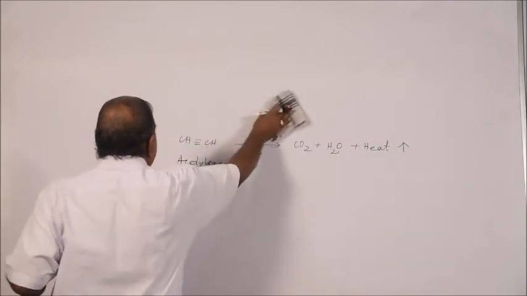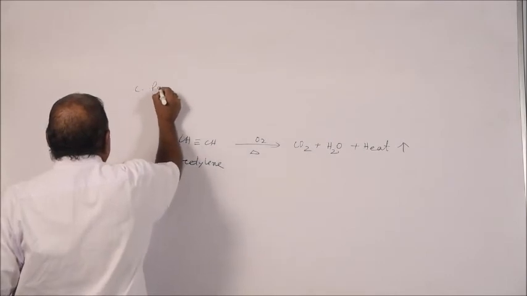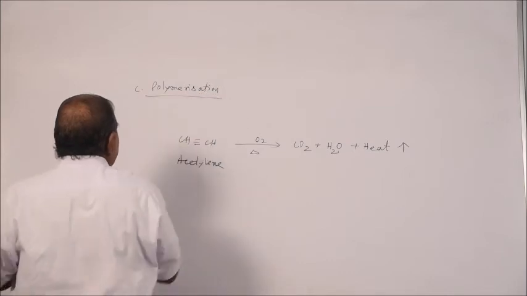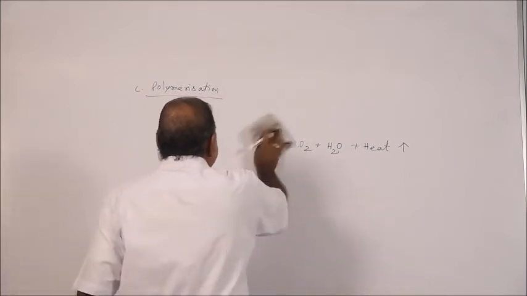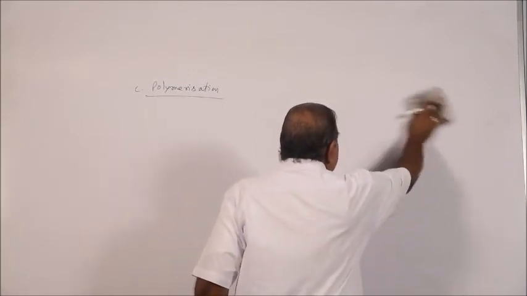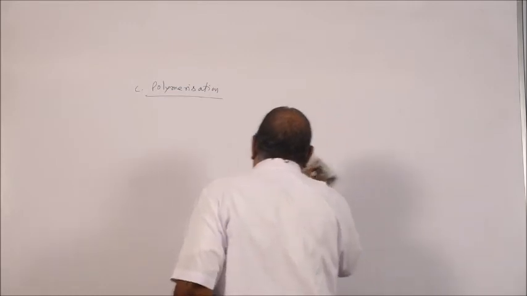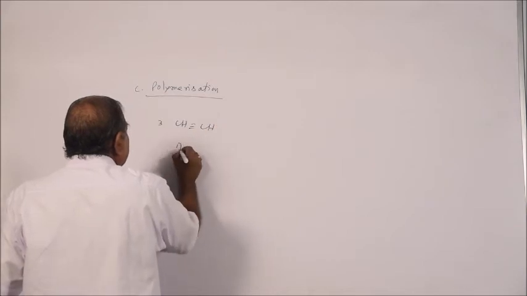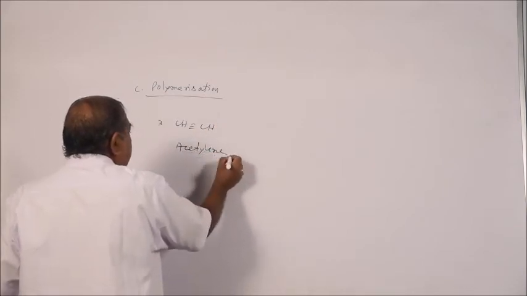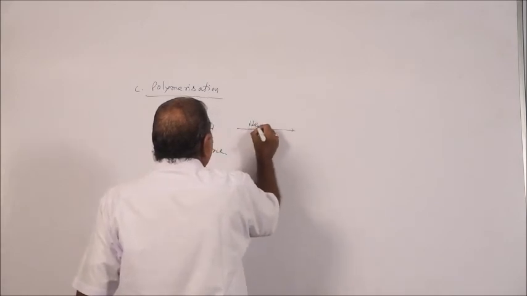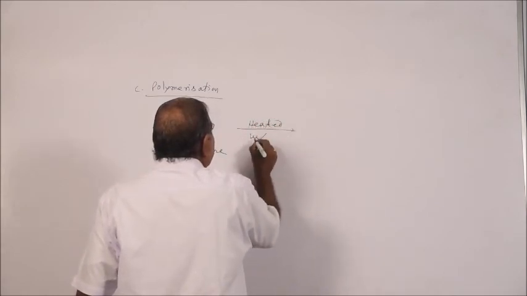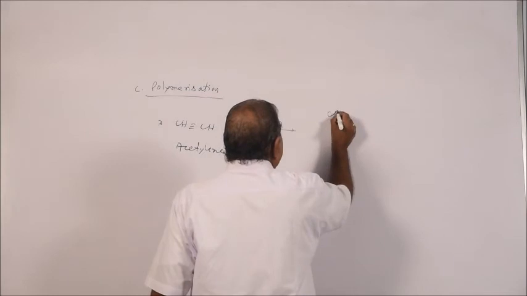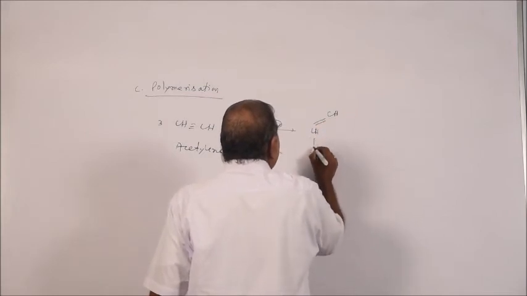The third category of reaction is polymerization. Here also I am taking only one example. When acetylene, which is a gas, is passed through a heated copper or iron tube, 3 molecules of acetylene polymerize to form benzene.